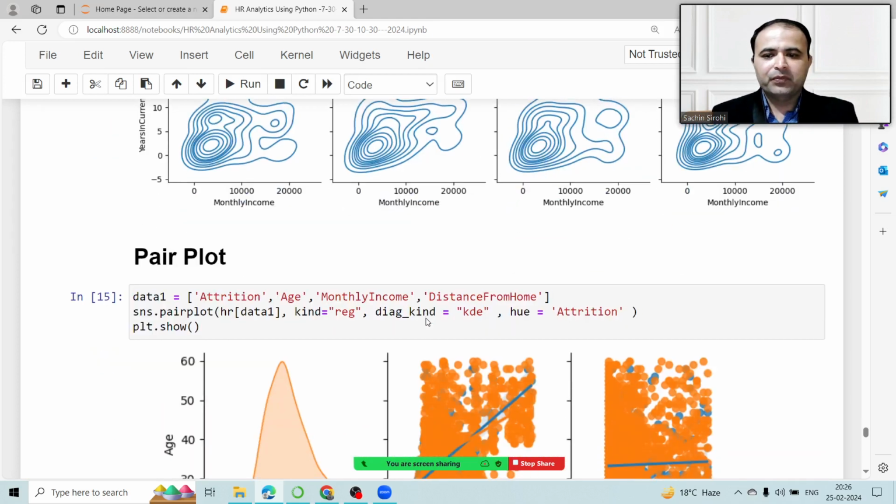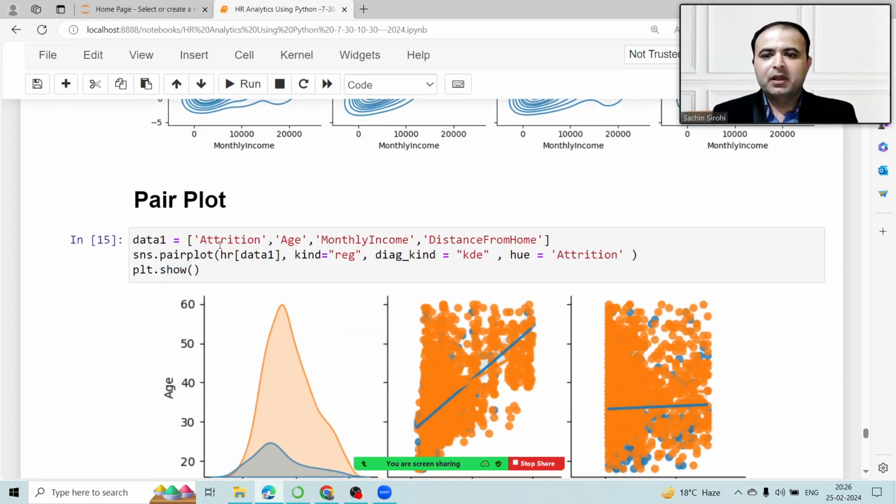Now pair plots. So the data: attrition, age, monthly income, and distance from home. Now I have set some factors like attrition, basically age, monthly income, and the distance.